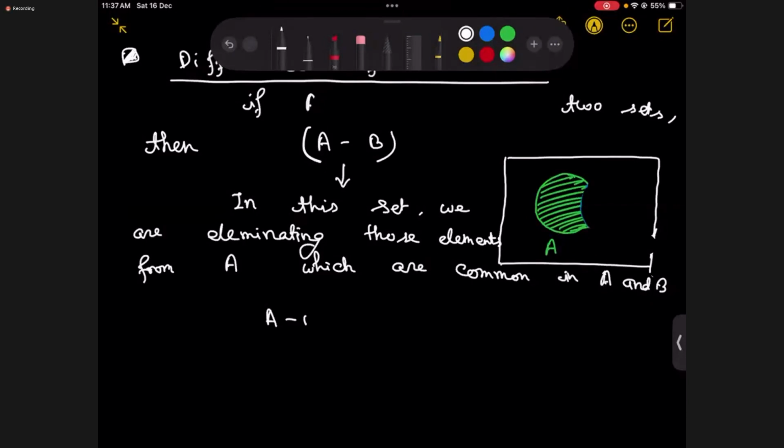A minus B is nothing but A minus A intersection B. Okay. So by this we can write the same thing, because whenever we are subtracting B, this is nothing but subtracting the common elements of A and B from our set A.